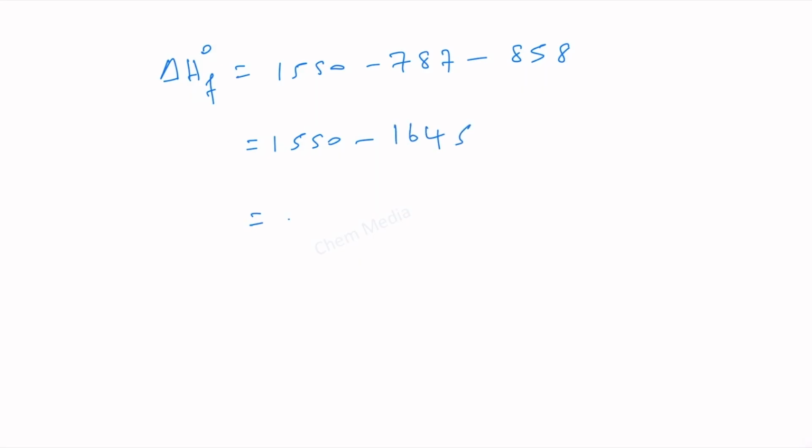So therefore delta H formation standard is equal to 1550 minus 787 minus 858, and that is equal to 1550 minus 1645, and the answer we will get is minus 95 kilojoules per mole.